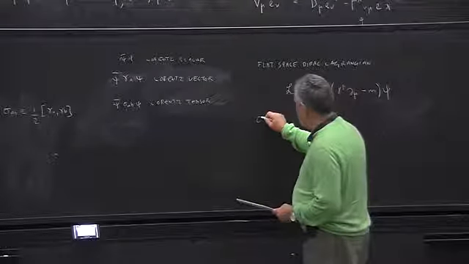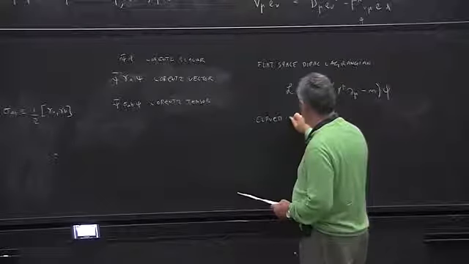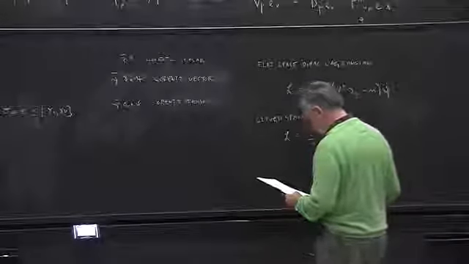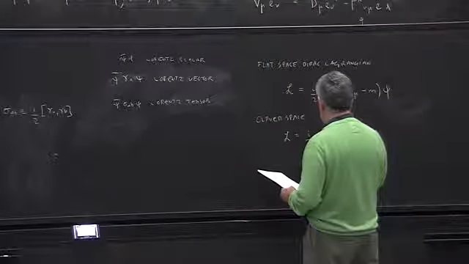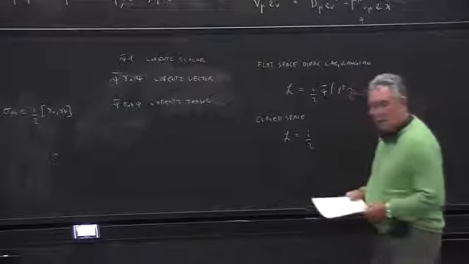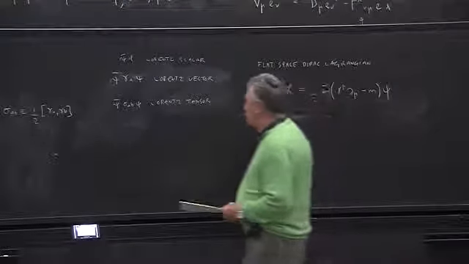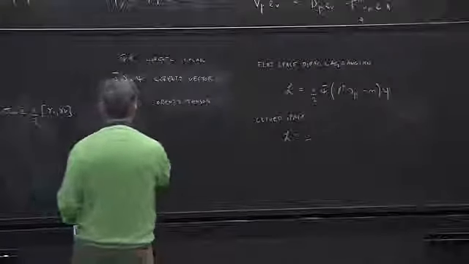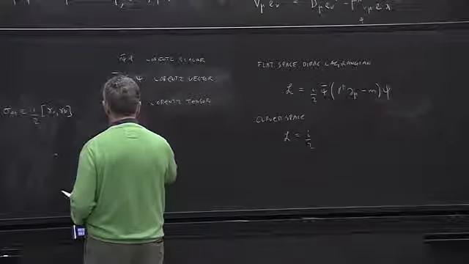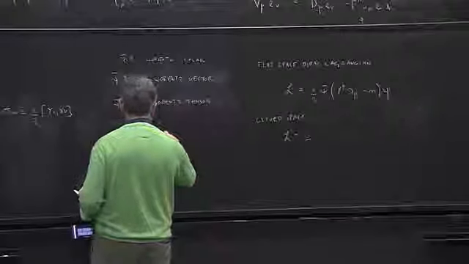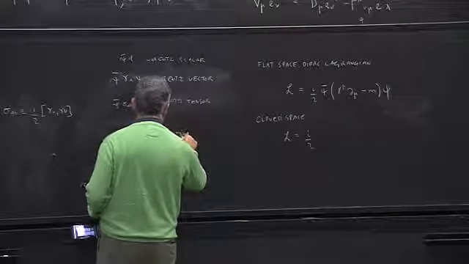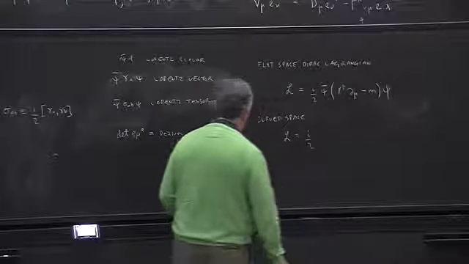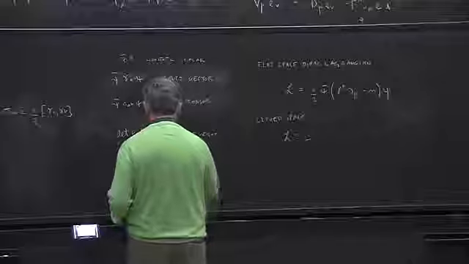So in curved space, we have to replace the gammas by etas, but we also need to make it a density of weight 1. So we call this E for short.